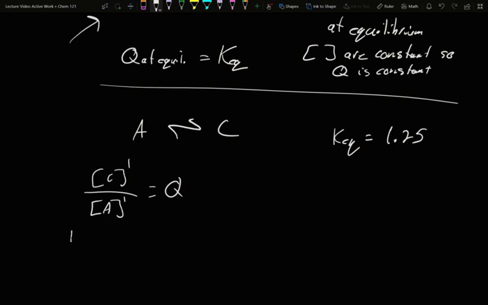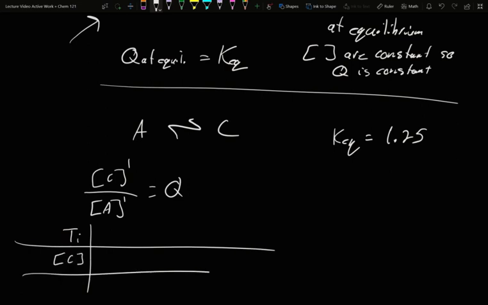and at the very beginning, at time 1, we can look at our concentration of C, and we look at our concentration of A. So time 1. Let's say that there's no product and 10 starting material. Well, 0 divided by 10 is 0.